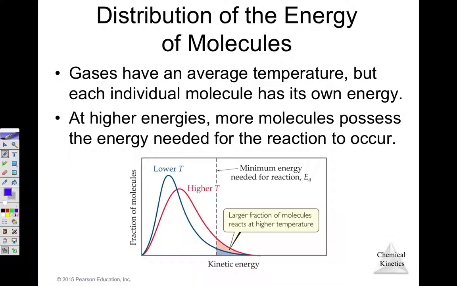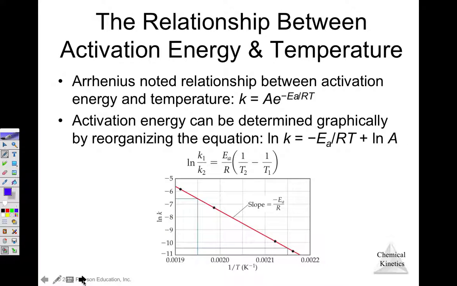So one molecule might be running faster than another one, but temperature is an average of the kinetic energy. So the higher the temperature, the more atoms or molecules you're going to get that have enough energy to get over the activation energy, right? This may be the average temperature, but see how it spreads out the distribution? At a higher temperature, more of them have enough energy to get over the activation energy. So that's why temperature affects rate.